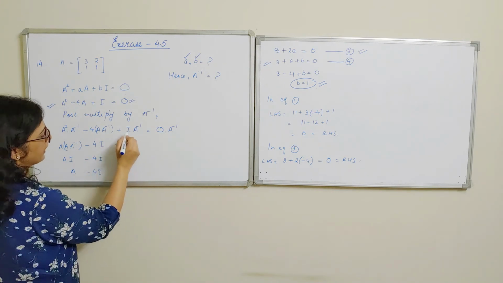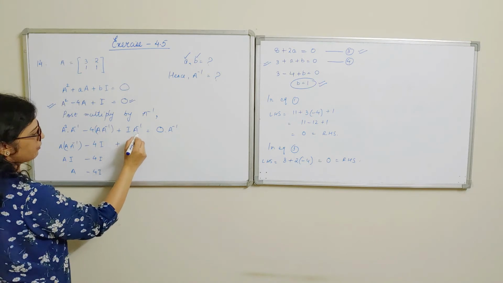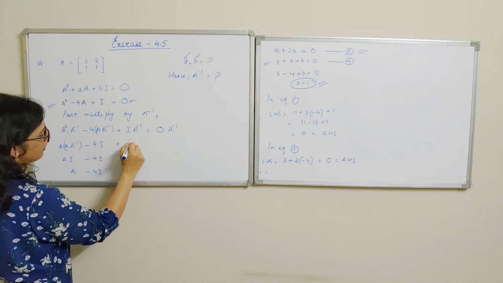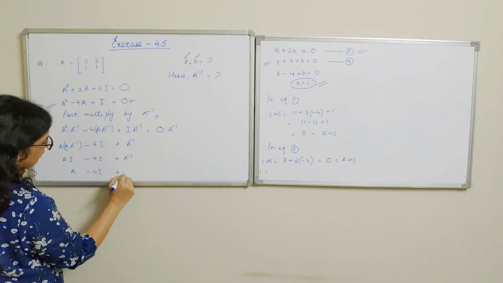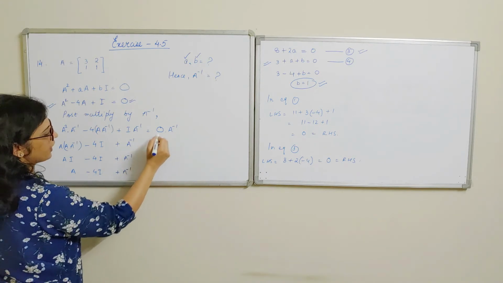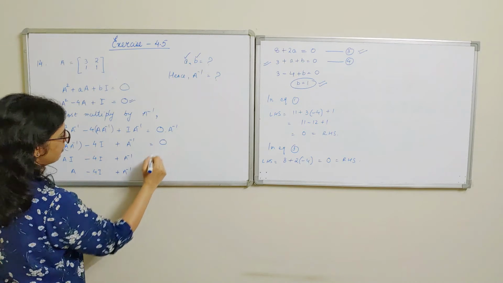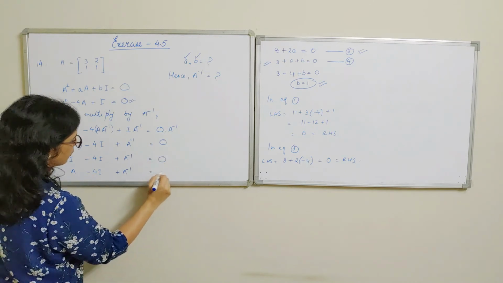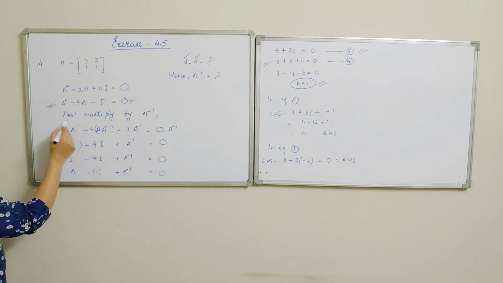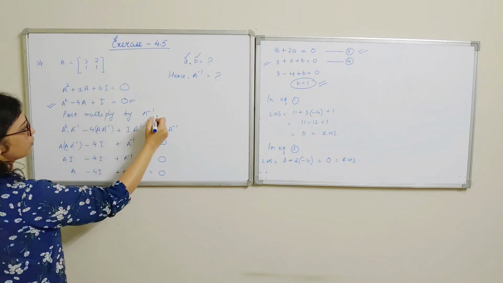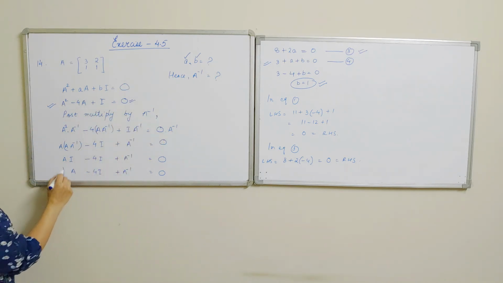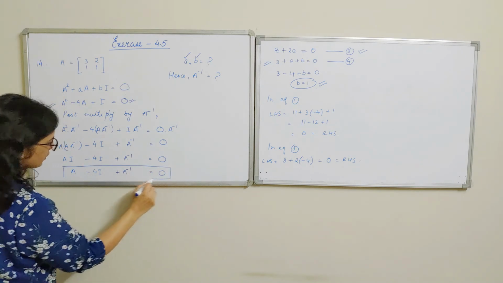Moving to third term, identity matrix multiplied by any matrix gives us that matrix. So that means the third term in simplified form is A inverse. And on the right side, zero matrix multiplied by any matrix will remain a zero matrix. So after post multiplying the matrices of the equation by A inverse, this is the equation that we have obtained.